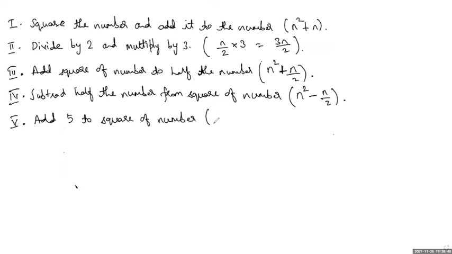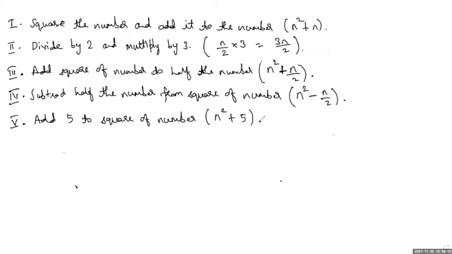Can anyone try? I should just add 5 to square of number. Square of number is n square. To n square I should add 5, that is n square plus 5. Okay. Did you understand the 5 rules? What are the 5 rules?